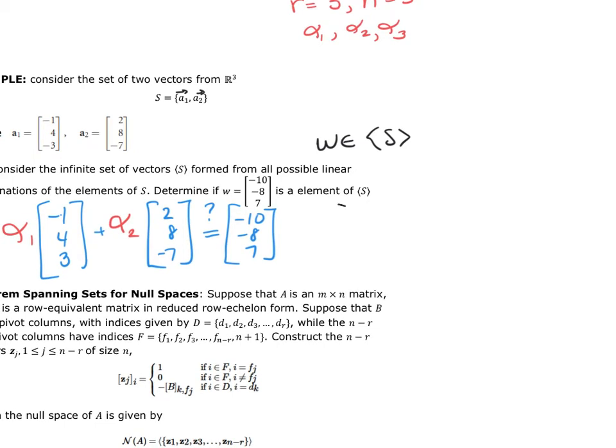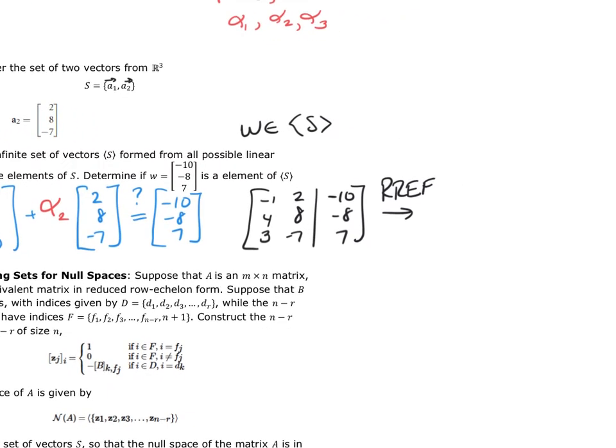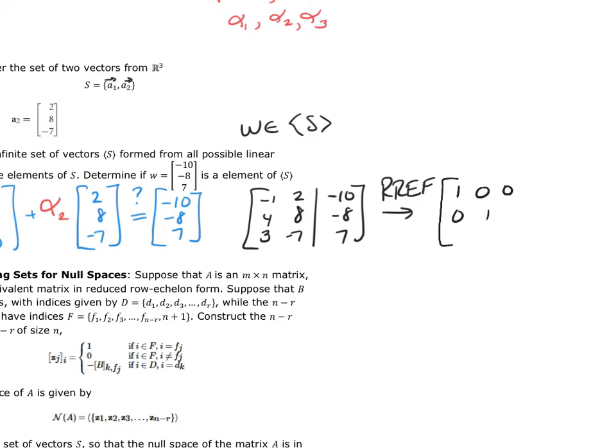My augmented matrix will be -1, 4, 3, 2, 8, -7, augmented with -10, -8, and 7. I'm going to reduce this matrix to reduced row echelon form. And when I do that, I get this matrix, which is 1, 0, 0, 0, 1, 0, and 0, 0, 1.